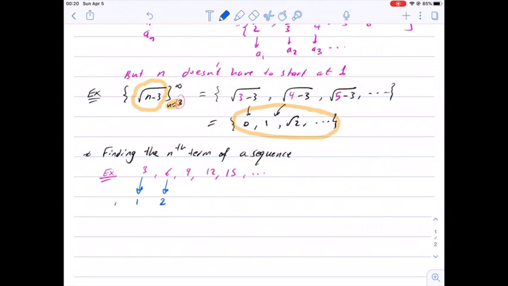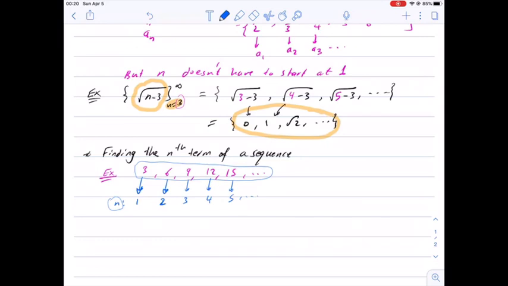The 3 corresponds to the number 1 of the natural numbers, 6 corresponds to 2, 9 corresponds to 3, 12 corresponds to 4, 15 to 5, etc. So here we ask ourselves, what is the number whose multiplication by n gives these elements, or whose multiplication by n and adding or subtracting some number can give us this sequence?